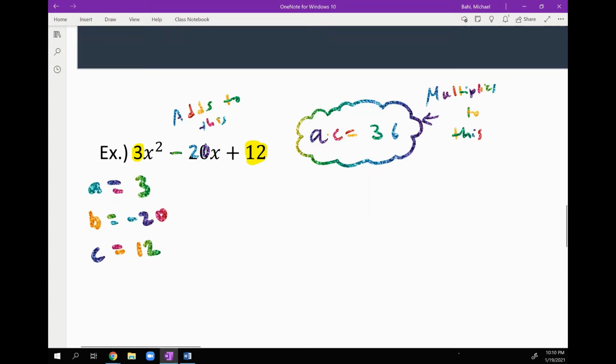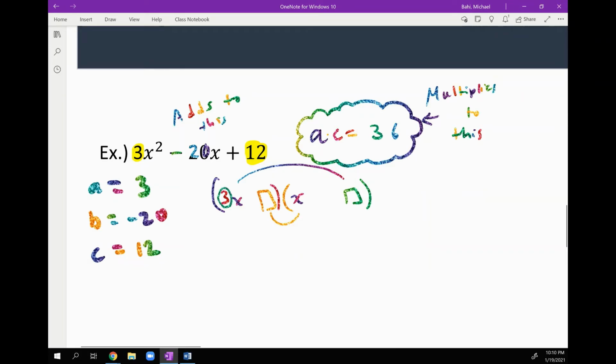Also, because our A value is not 1 and there was no GCF, you've got to remember that this would be a 3x and an x instead of just x and x like we've been doing. So we have a 3x now that we have to consider, and we have to consider numbers here and here where, if you were to distribute, those numbers would have to multiply and add to negative 20.